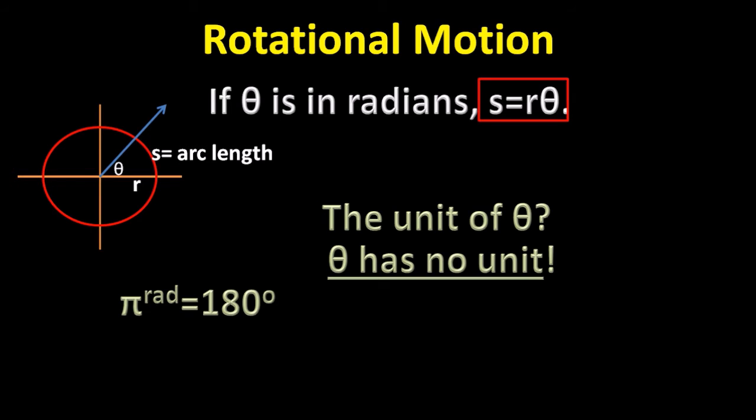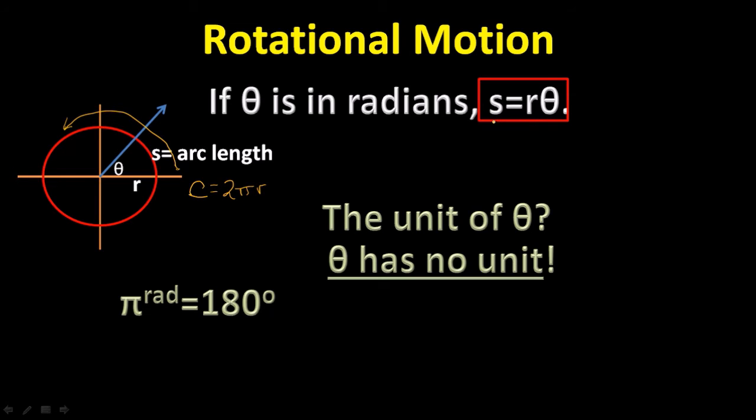Worth noting, since the circumference of a circle, as you all know, is 2 pi times the radius, 2 pi r, or pi times the diameter, that means that if the radius is 1, the circumference is exactly 2 pi. But if the radius is 1, the arc length and the angle are the same.